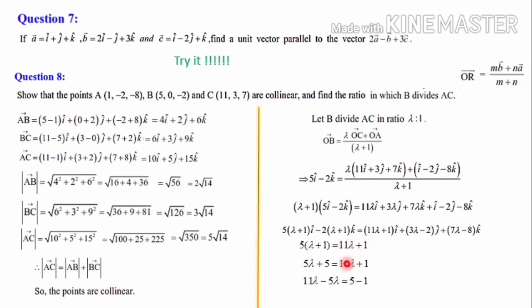The plus 5 lambda going to the right side means minus 5 lambda, and the plus 1 coming to the left means minus 1, so 11 lambda minus 5 lambda, we will get 6 lambda is equal to 4. Then lambda is equal to 4 by 6. We can cancel 2 there, so it becomes 2 by 3. So the lambda value we got is 2 by 3, so the ratio is 2:3.